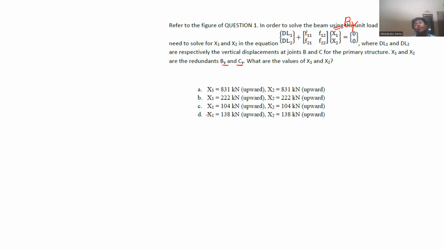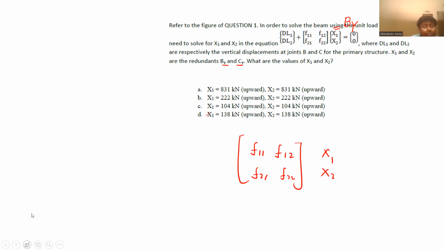Now F11 is the displacement at 1 due to unit load at 1. When you put 1 unit load at B, there only you have to calculate the displacement. So F11. And when you do the matrix, see F11, F12, F21, F22, multiplied with X1 and X2.